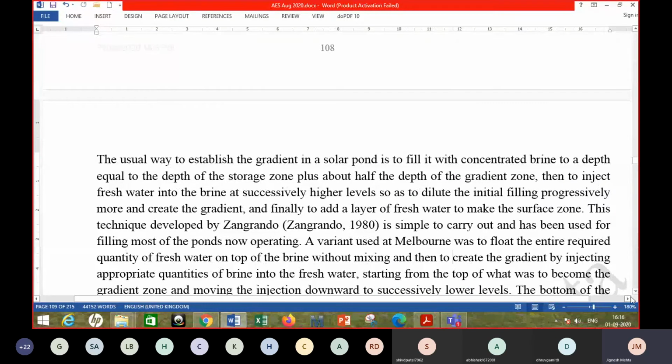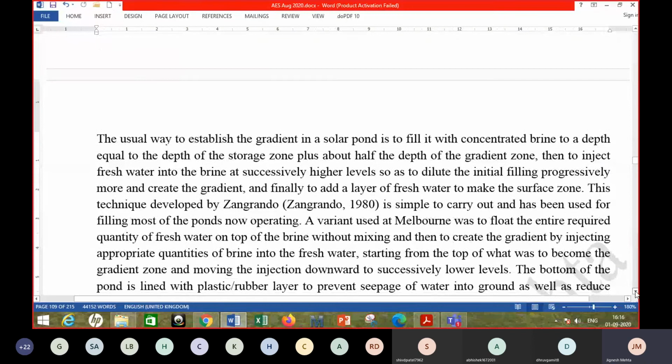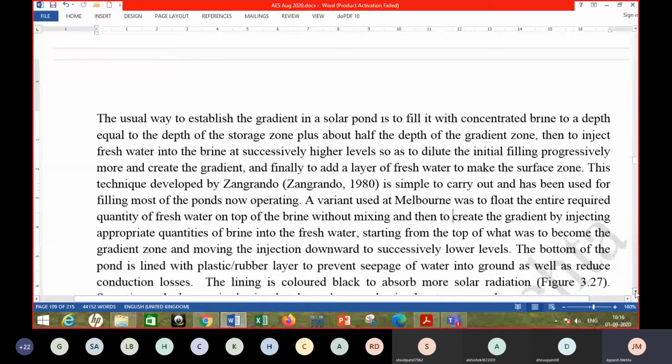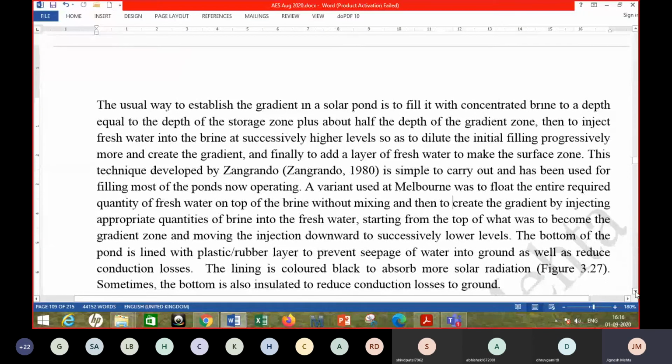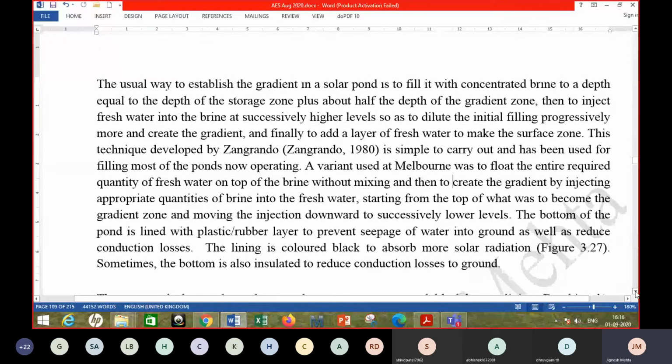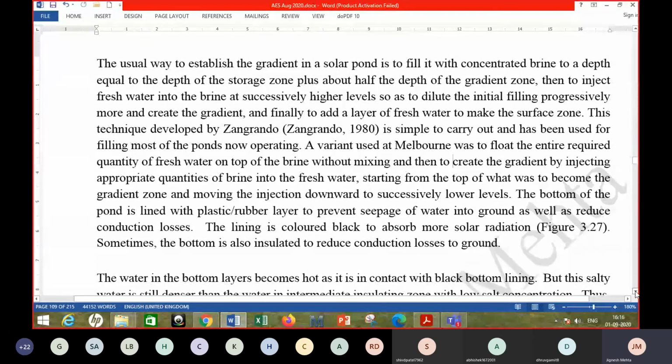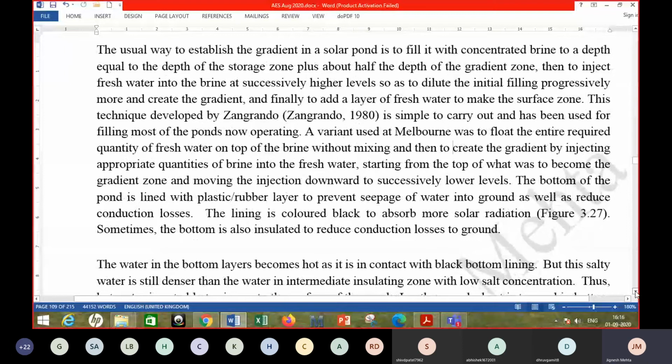Okay, so the charging process is important. Generally, what is done is it will be filled with very high salinity or salt content, and then slowly you will add fresh water into it at different levels so as to create the gradient.